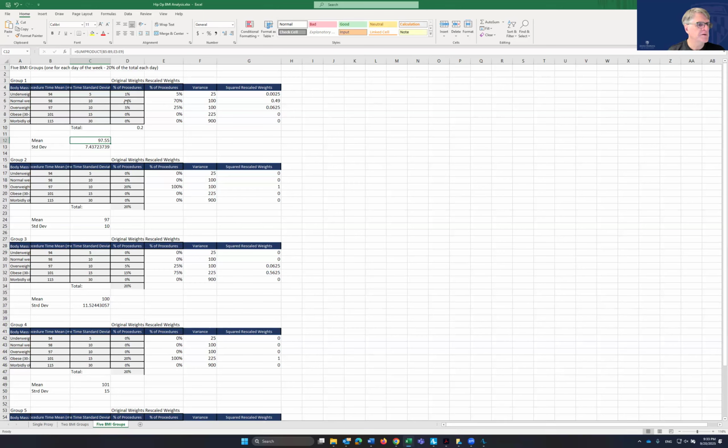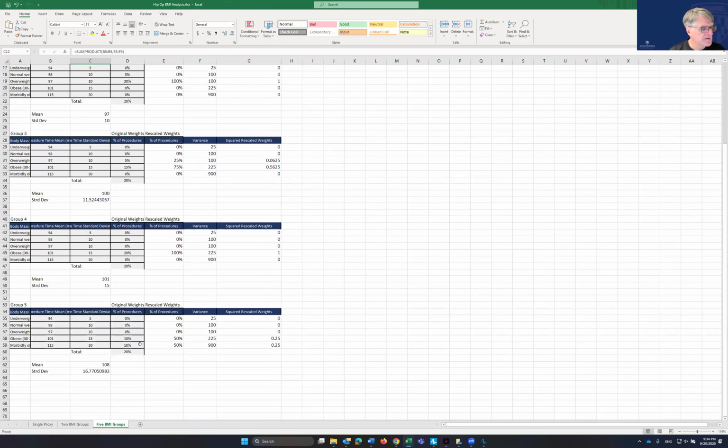So in other words, 20% of the patients on Monday, lightest BMI, and then the next lightest BMI, which would be the overweight folks, on Tuesdays, Wednesdays, and so forth. And then on Fridays, you'd be looking at morbidly obese, 20%. So it's another way of partitioning the variance. Not clear that it's all that meaningful performance-wise.